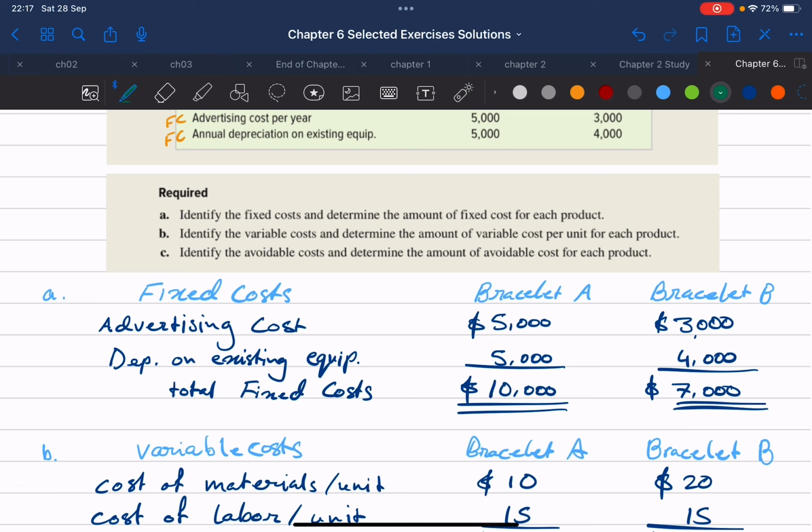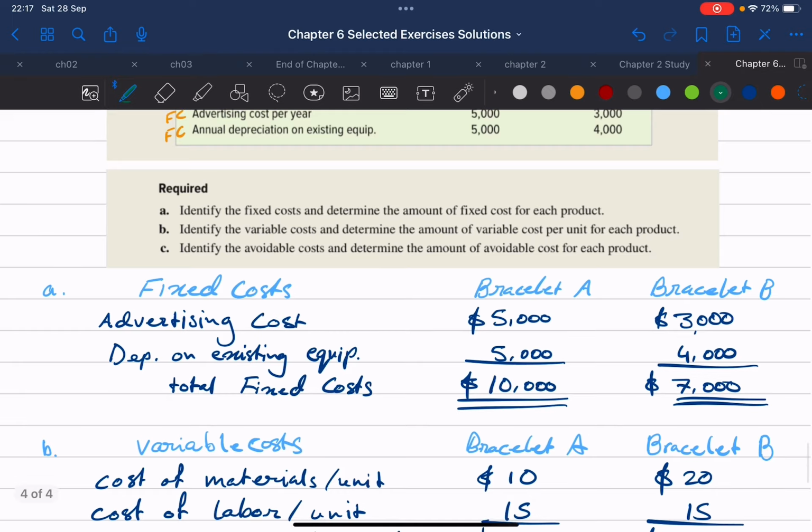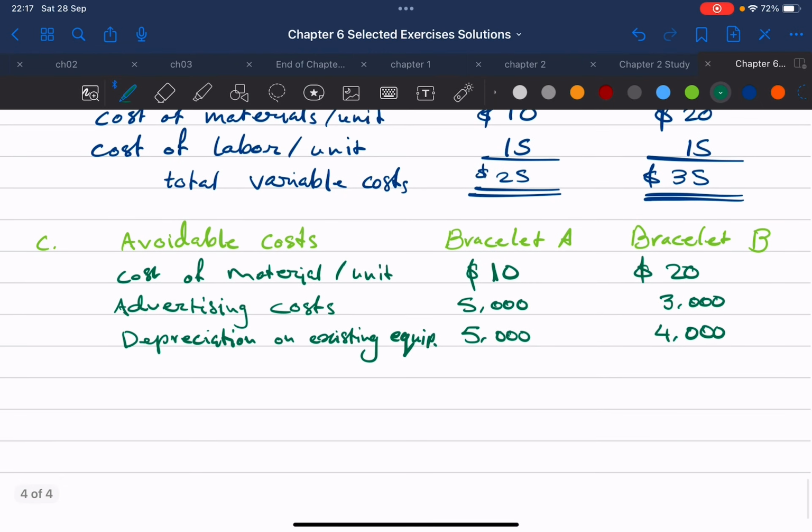Now, back to C, identify the avoidable cost and determine the amount of avoidable cost for each product. Here, we can run the numbers and do the calculation, but it doesn't really make sense because we have a mix of variable costs and fixed costs. So it doesn't make sense for me to add them up or to total the amounts without knowing exactly how many units are going to be produced.